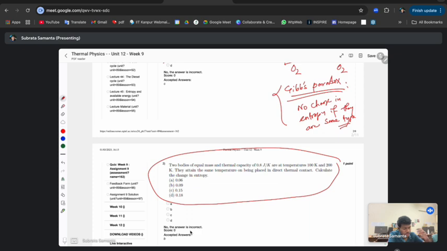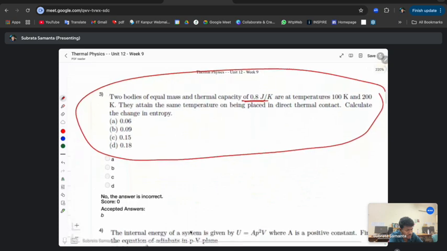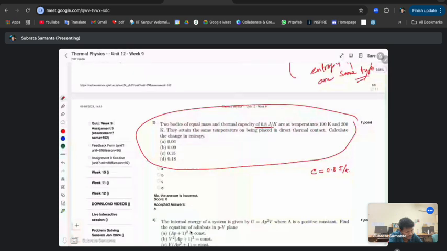In problem 3, there are two bodies of equal mass and thermal capacity, heat capacity C, which is 0.8 joule per Kelvin, at temperatures 100 Kelvin and 200 Kelvin.